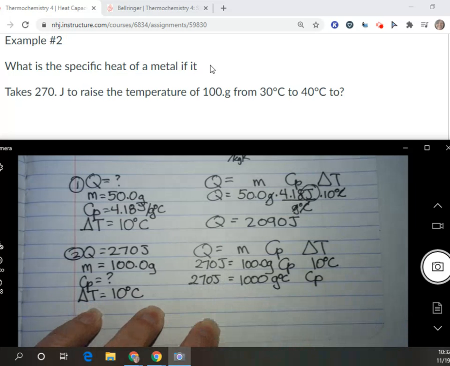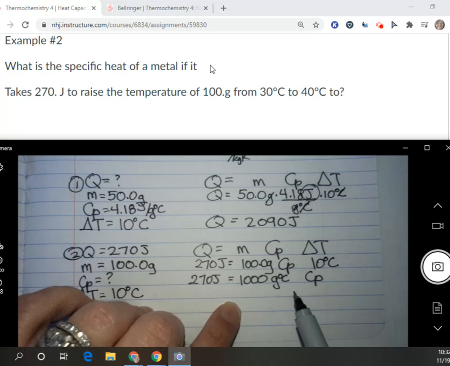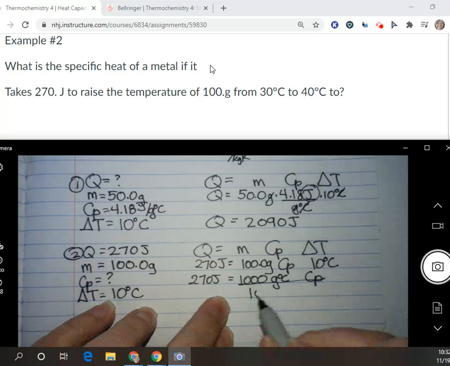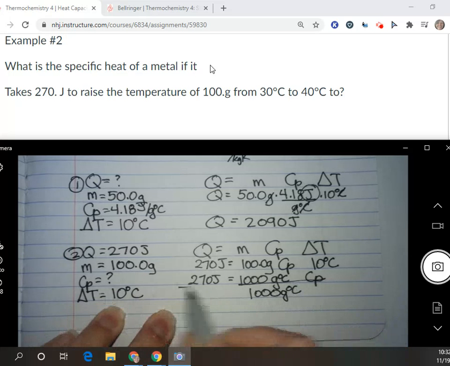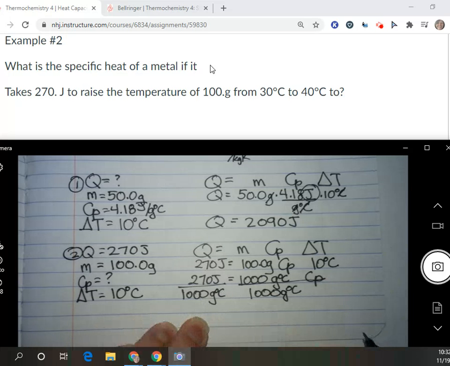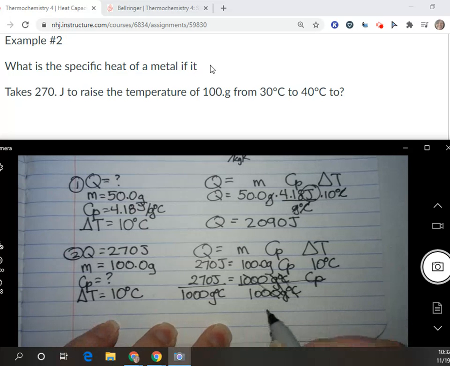All right, so now what do I do to find the specific heat? Divide, right? Divide by 1,000 grams degrees Celsius. Divide by 1,000. Make sure we do the same thing on both sides of the equation. So over here on the right, degrees Celsius cancels, grams cancels, 1,000 cancels. I'm left with my specific heat.